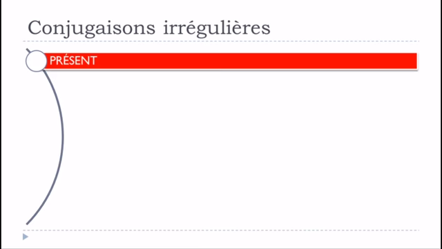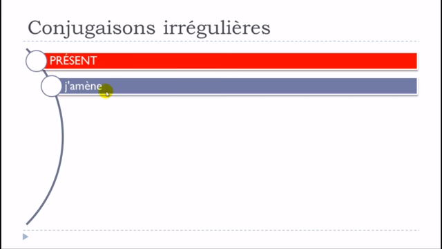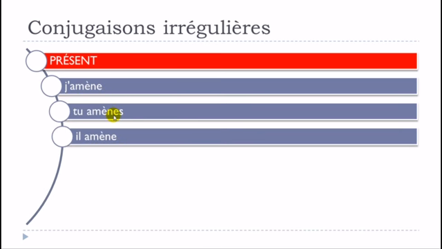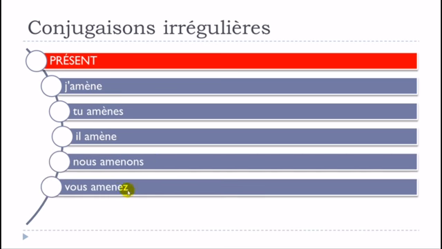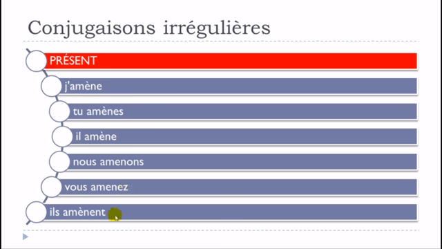So we'll start with le présent, and it goes like j'amène, tu amènes, il amène, nous amenons, vous amenez, ils amènent. What can we see here? Je, tu, il, and ils are concerned by this little change, and it's only the accent grave on top of the e. It changes the pronunciation, because you will have this open sound: amène, tu amènes, il amène.